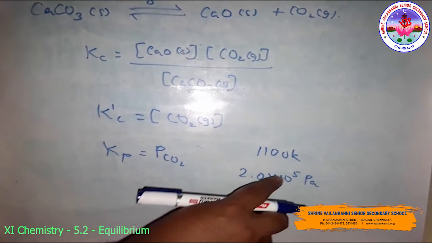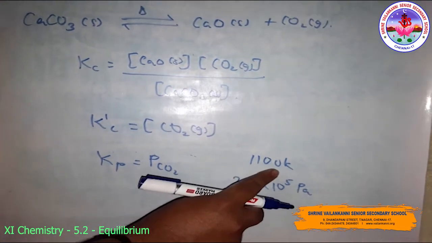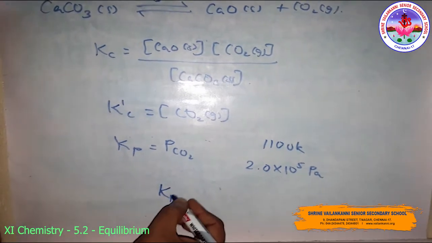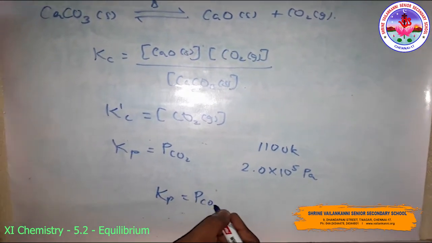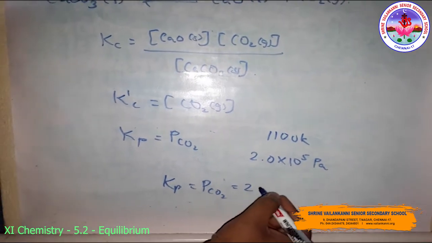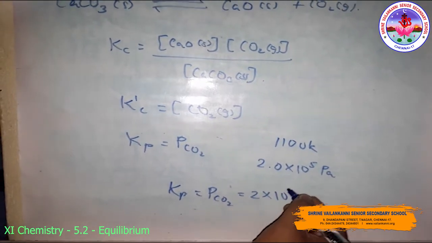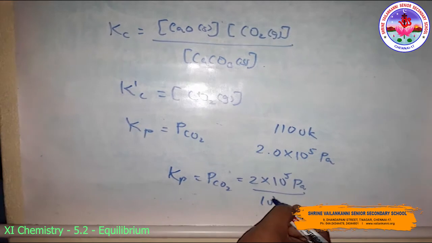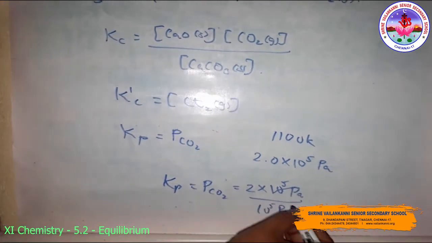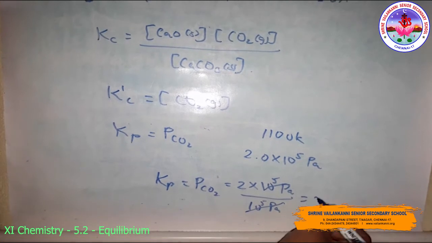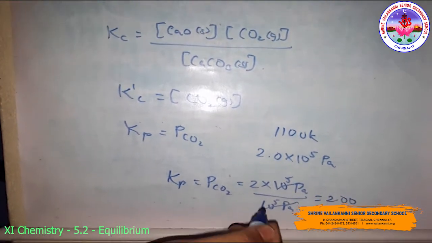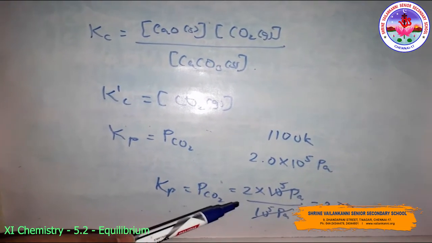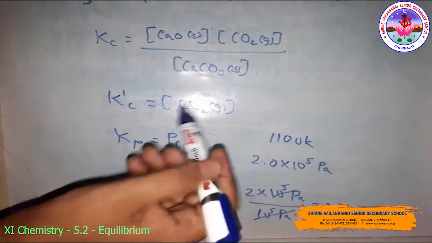So therefore the equilibrium constant at 1100 Kelvin for the reaction is Kp is equal to pressure of carbon dioxide is equal to 2 into 10 power 5 Pascal divided by 10 power 5 Pascal. So it will become what? 2.